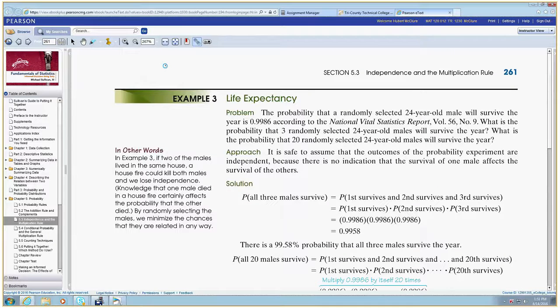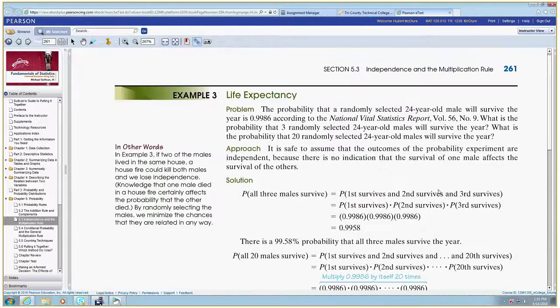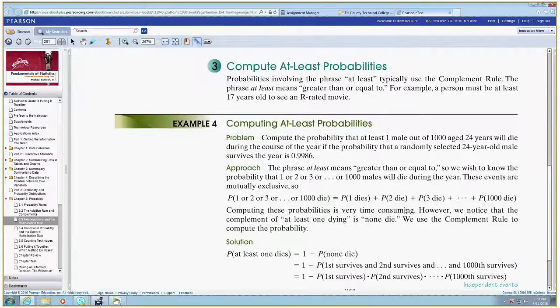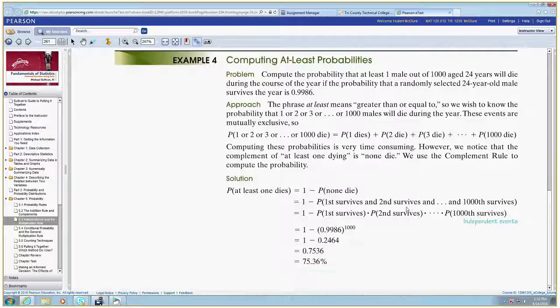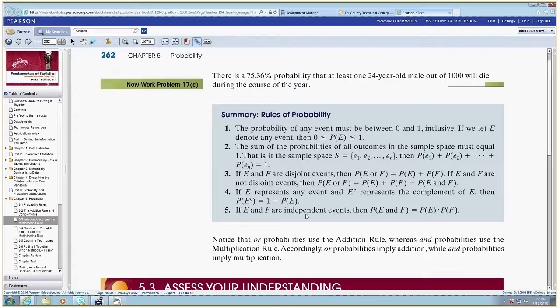I'm trying to find another one. I don't think this is one. Let's see. Probability that a randomly selected male will survive the year. No, I don't like that one. That's a very confusing problem. People hate that problem, the insurance problem. Make sure you read this on page 262.